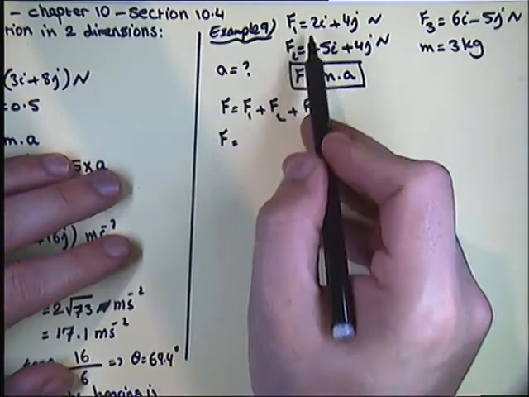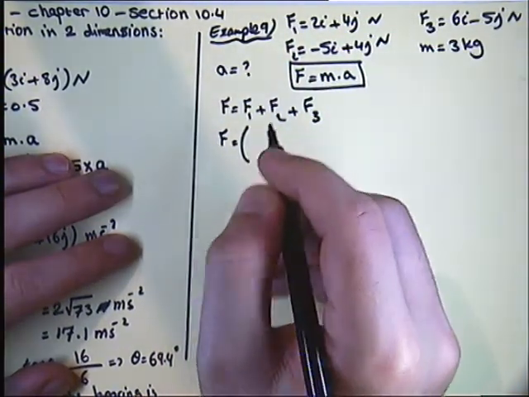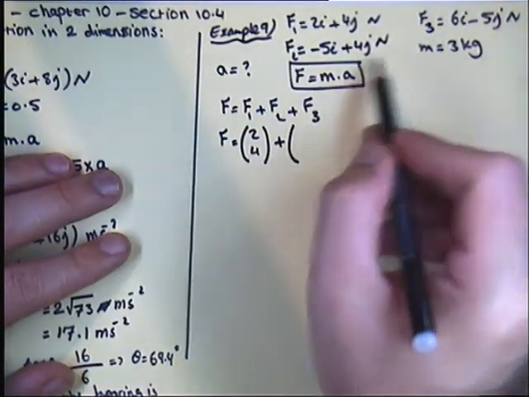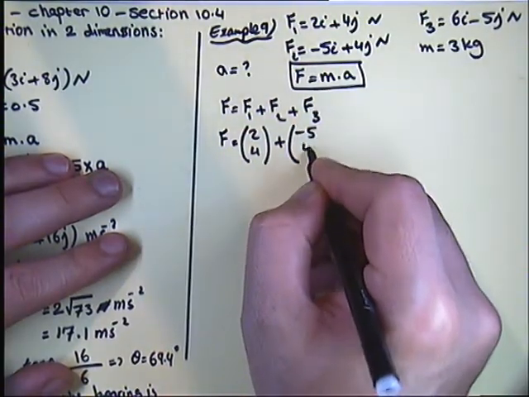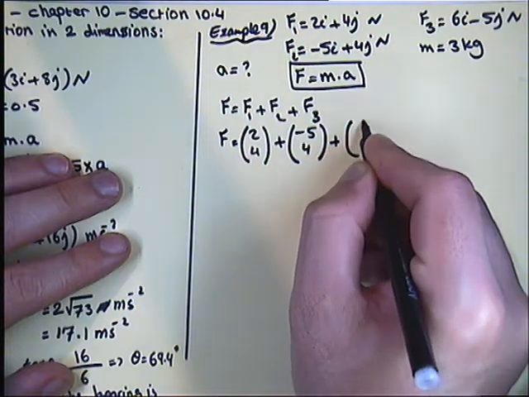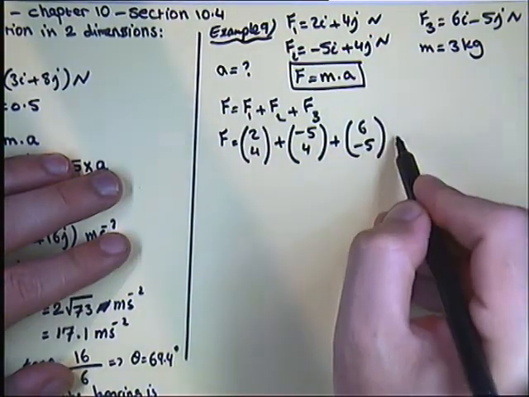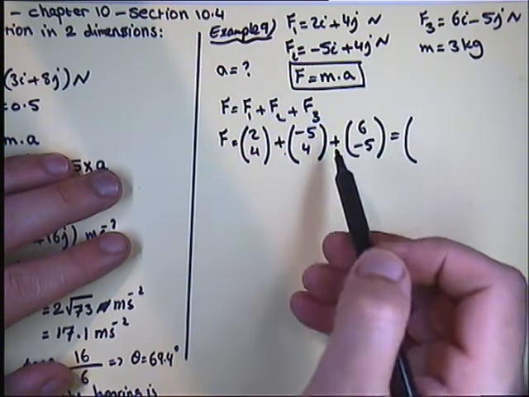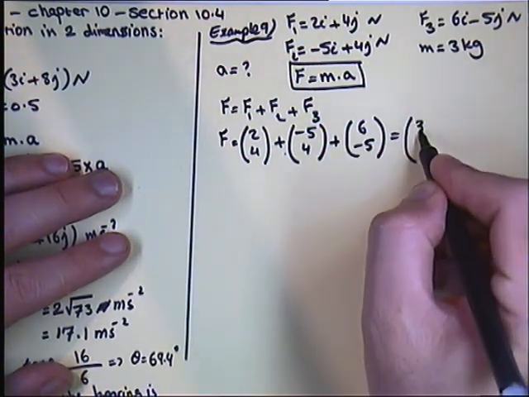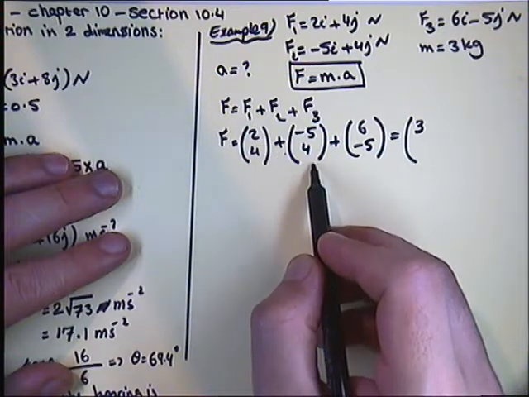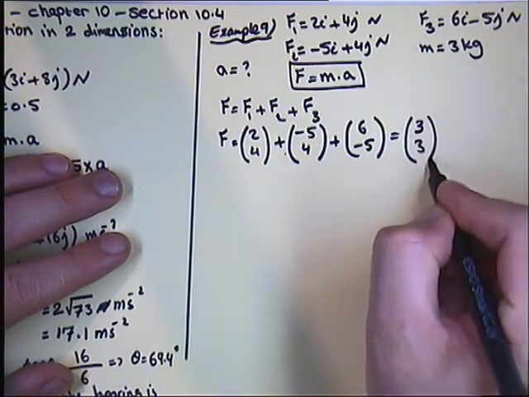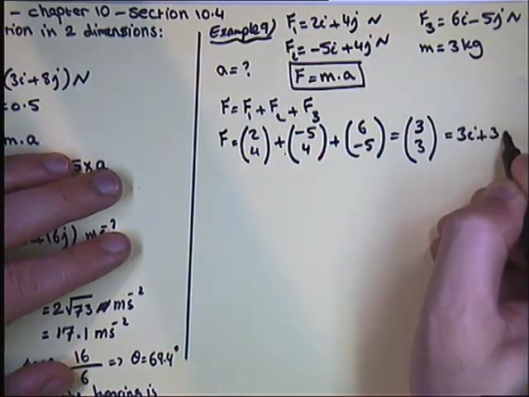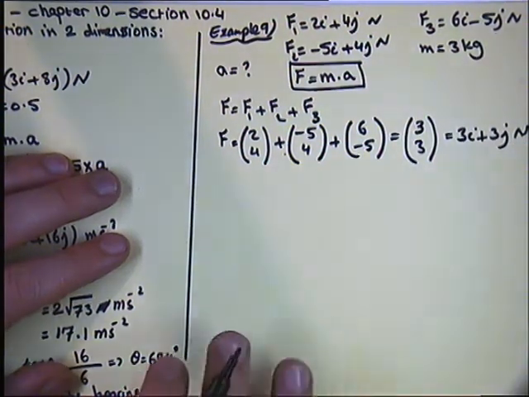However, you can write 2i plus 4j as a column vector as well: 2, 4, add minus 5, 4, add 6, minus 5. 2 add minus 5 is minus 3, minus 3 add 6 is 3. 4 add 4 is 8, minus 5 is 3. Therefore, 3i plus 3j newtons is the resultant force.